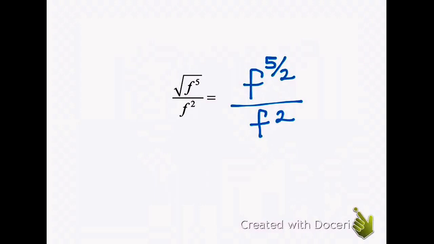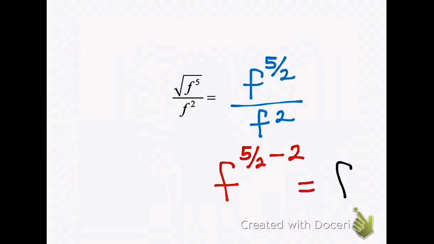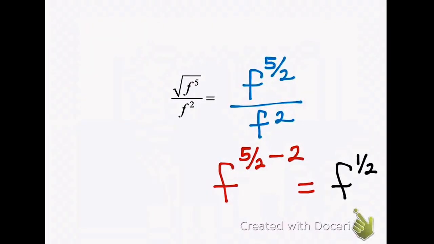So if I simplify that, that tells me if it's a division problem, I'm going to subtract. So that would be f to the 5/2 powers subtract 2. What's your answer? So if I work that out, 5/2 minus 2 is f to the 1/2 power. You can write that in radical form and get your answer.